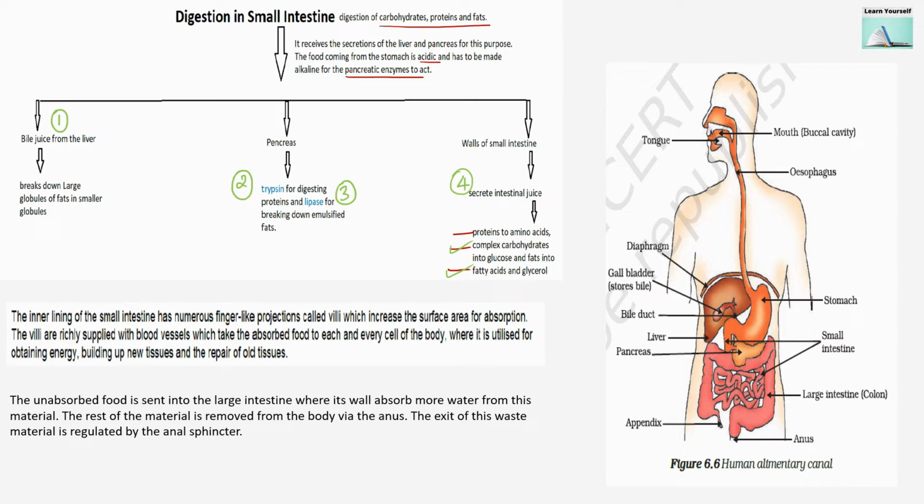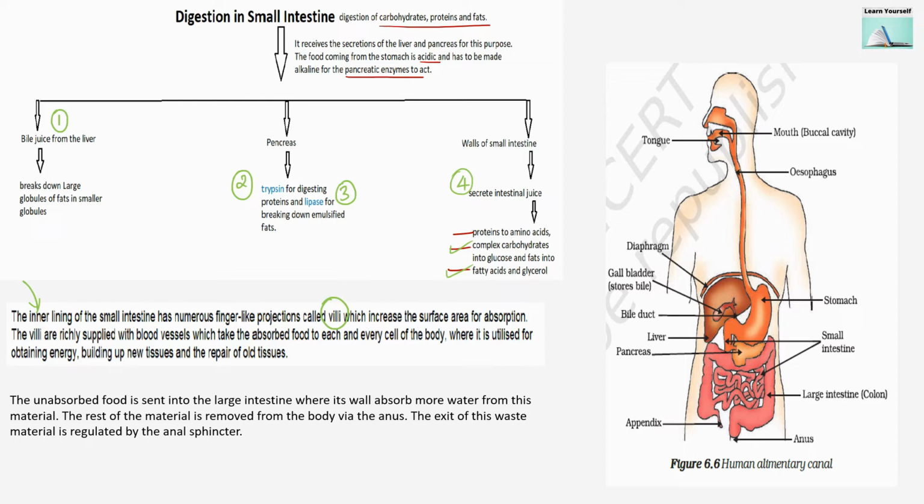to understand and remember. Now the inner lining of the small intestine has finger-like projections called villi, which increase the surface area for absorption. So whatever digestion process happened till now has given us some nutrition. That nutrition has to be absorbed. So that absorption will be taken care of by this structure called villi.